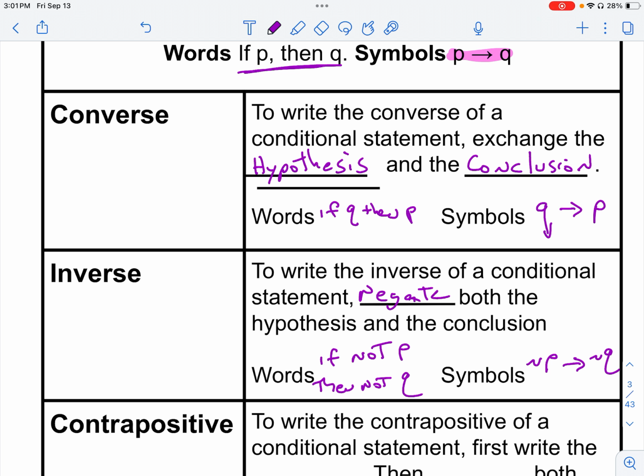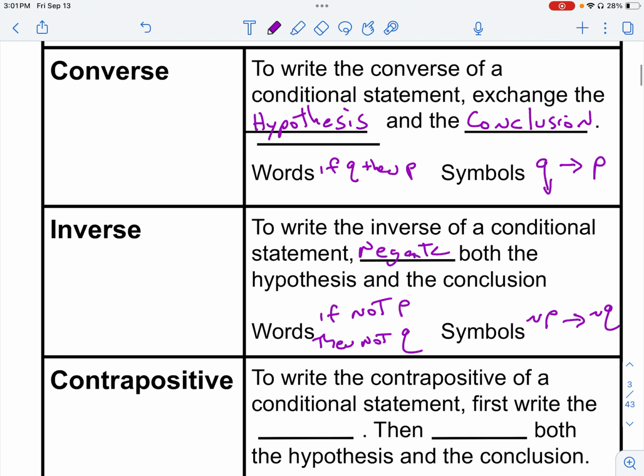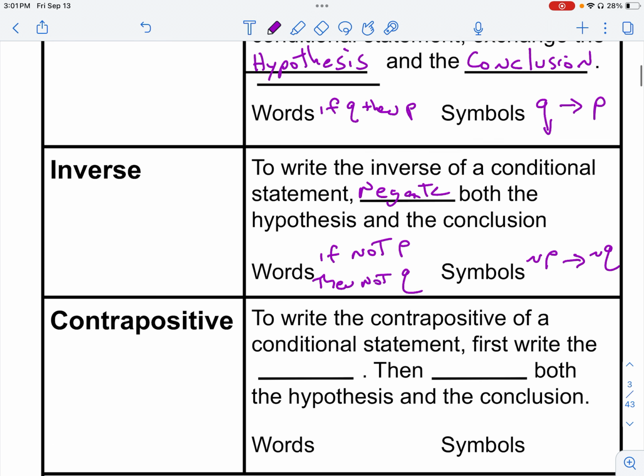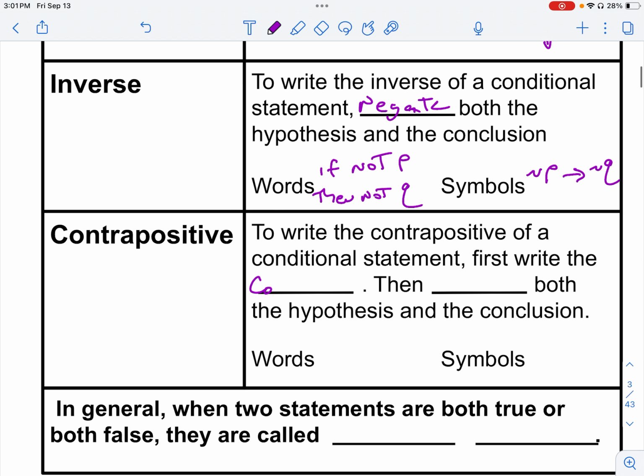So converse, the P and Q flip sides. Inverse, the P and Q stay where they're at, but we negate both of them. Which brings us to the contrapositive, which is the converse and the inverse put together. First thing we're going to do is write the converse.